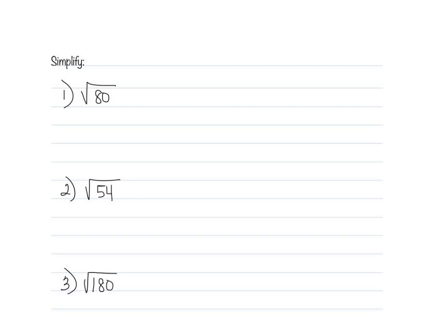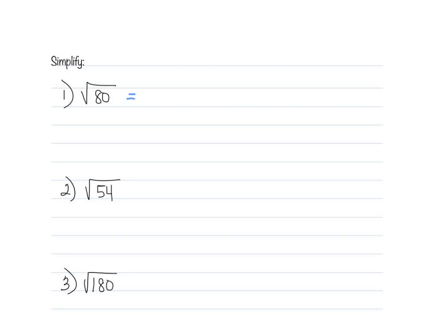Let's start by simplifying number one, radical 80. The first thing you need to do is factor 80 into its prime factorization.